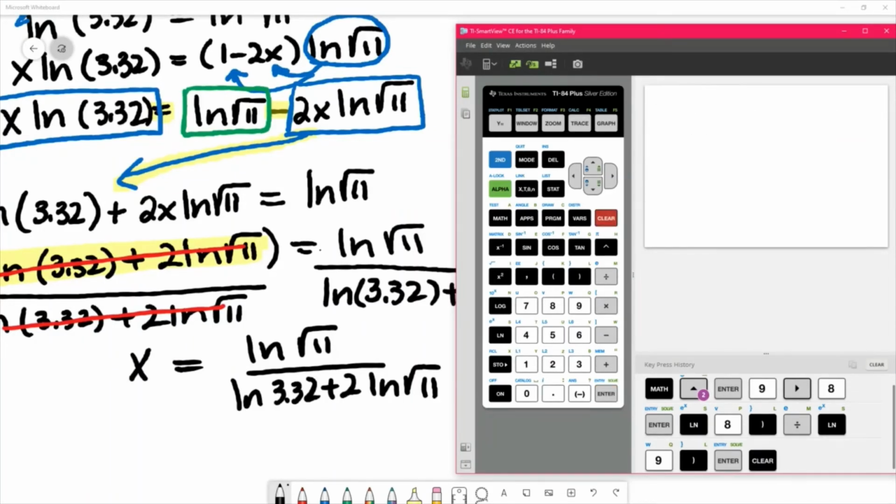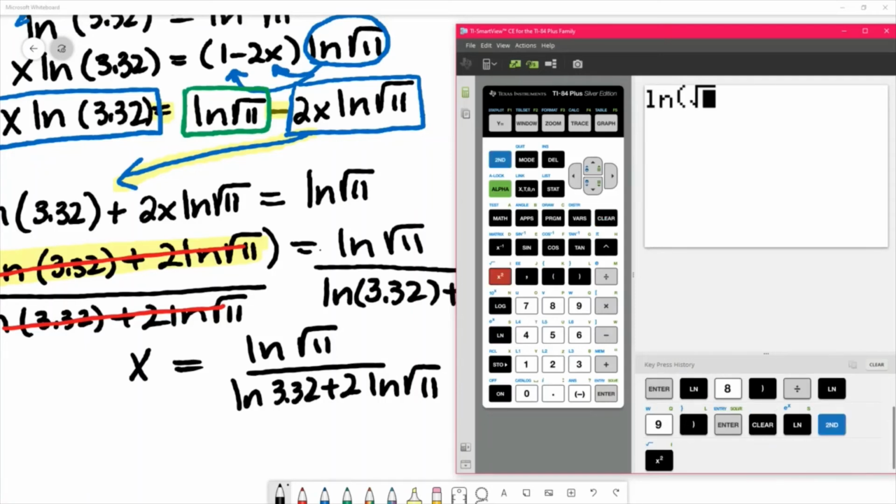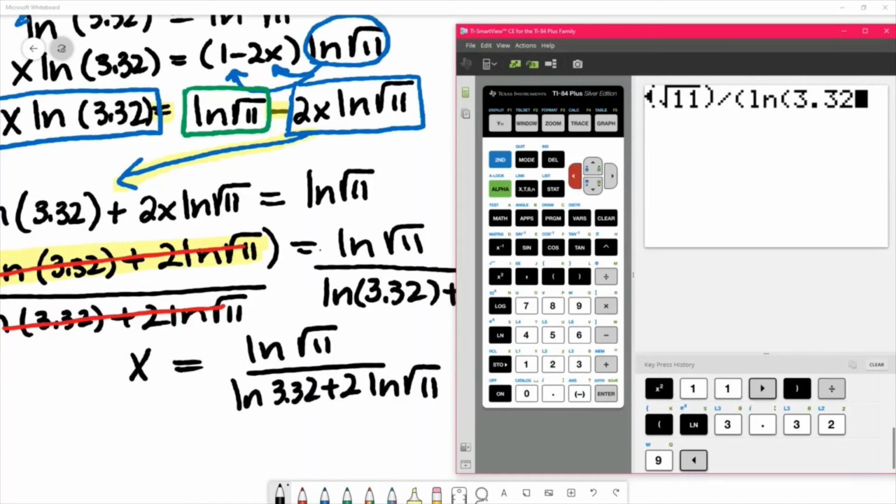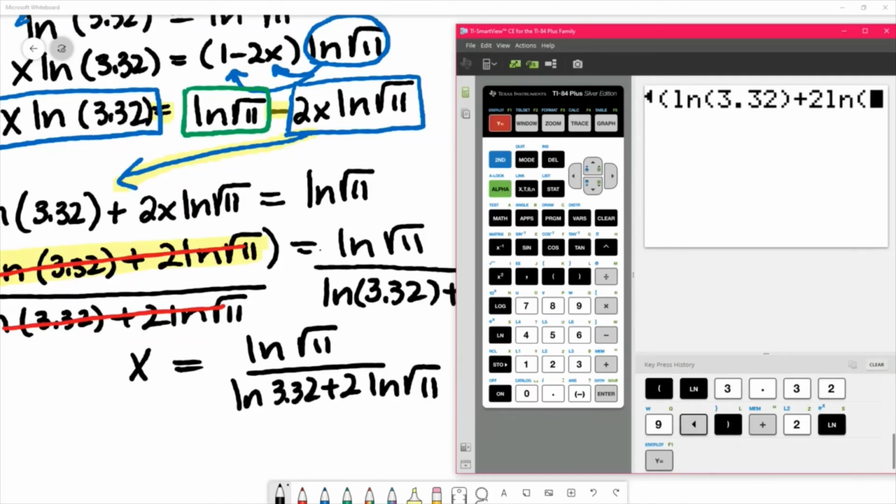So we would type natural log square root of 11, close parentheses, divided by, we need parentheses around our whole denominator because we have more than one term, natural log of 3.32, close parentheses, plus 2 natural log square root of 11.